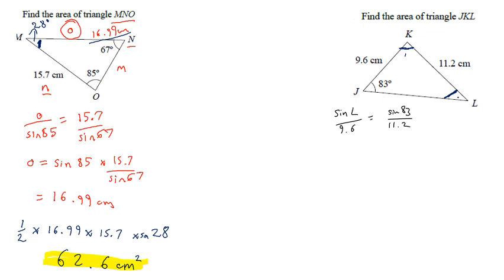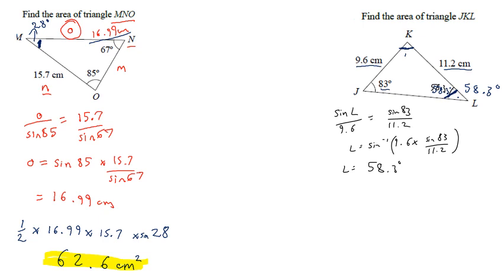So to find angle L, I've written out sine L over 9.6 equals sine 83 over 11.2. I've done all the rearranging in one step, and input that into my calculator to find that angle L is 58.3 degrees.